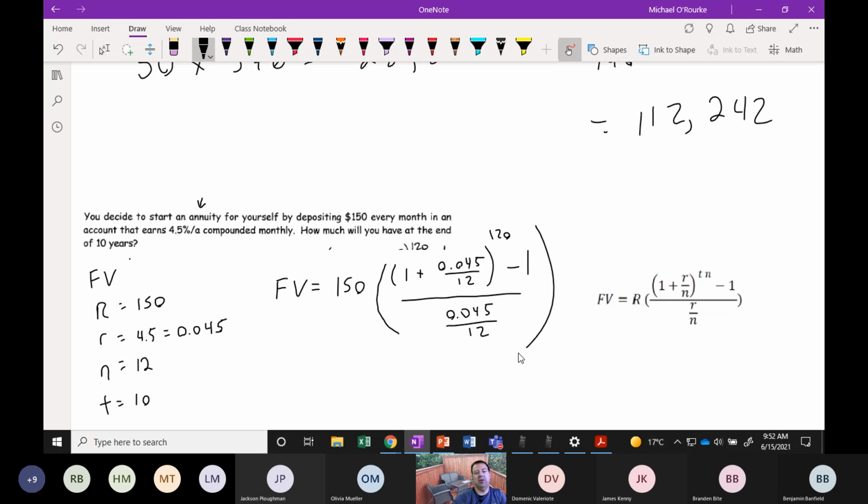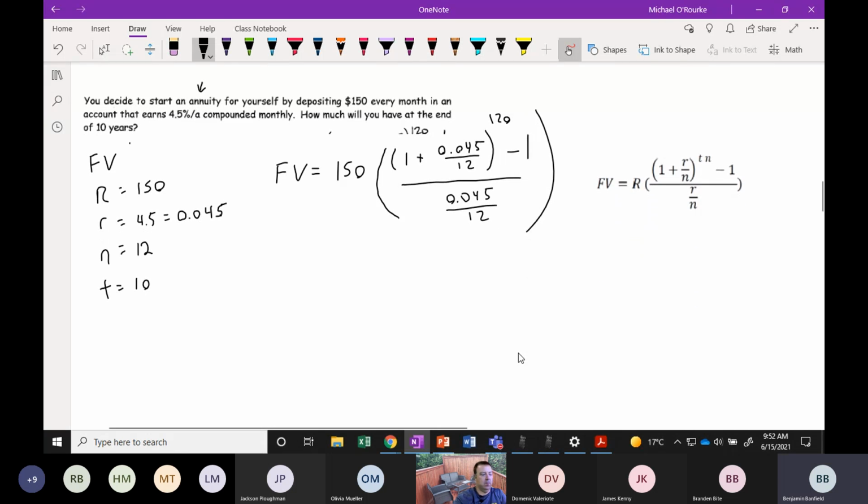So if you could write down what I just wrote down, Ben, and use your TVM solver to solve it, that's a 90% answer. And the other one's 80, right? 80, 85, I haven't decided yet.